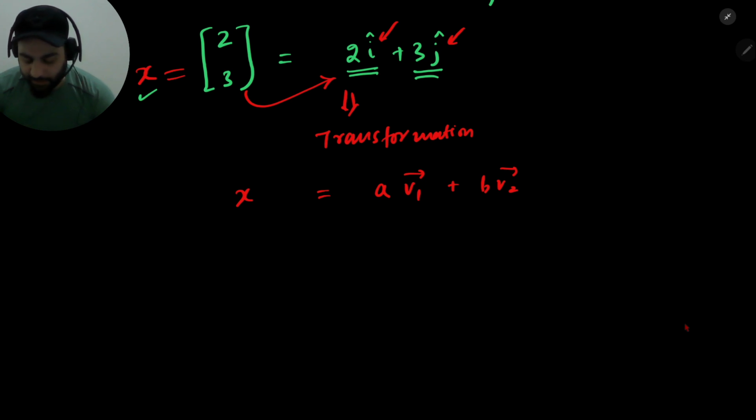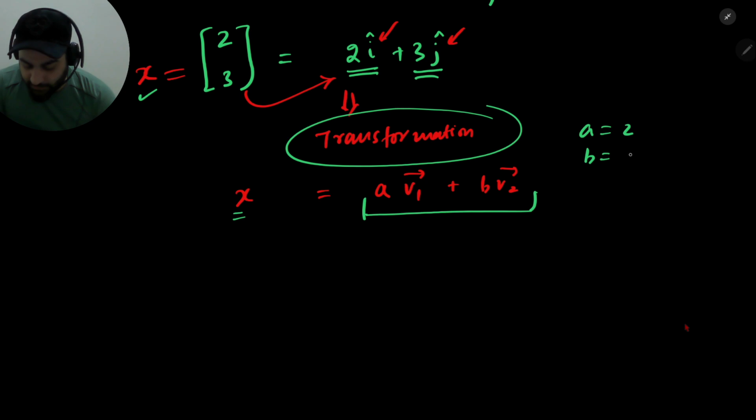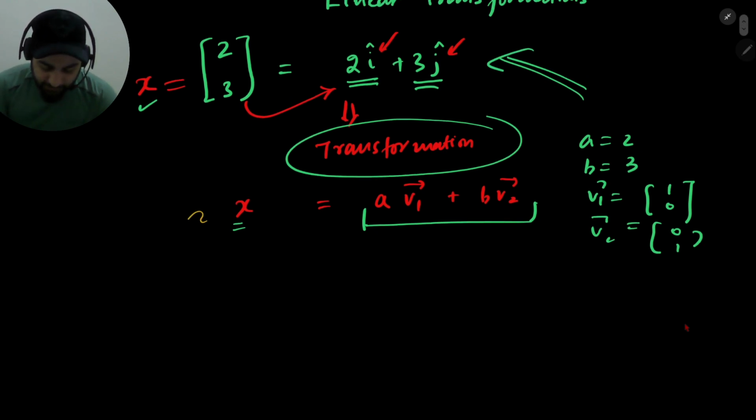If we apply any transformation onto this vector, we can represent this generic vector as a v1 plus b v2. Let's suppose this x was (2, 3), so a is equal to 2 and b is equal to 3. So v1 is basically the i vector (1, 0), and v2 is equal to (0, 1) in this setting. So I wrote a generic vector like this.